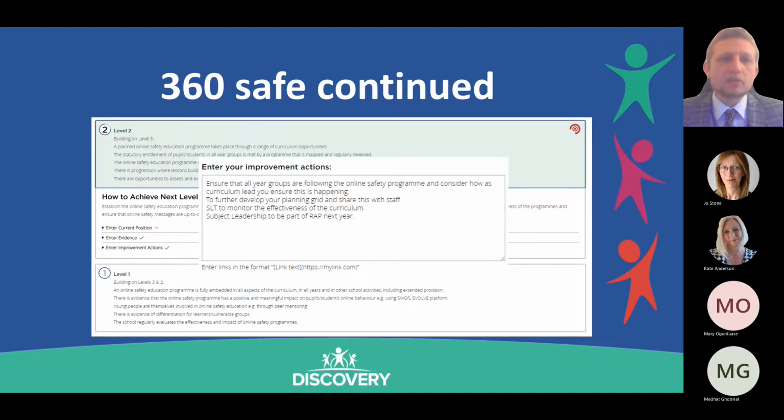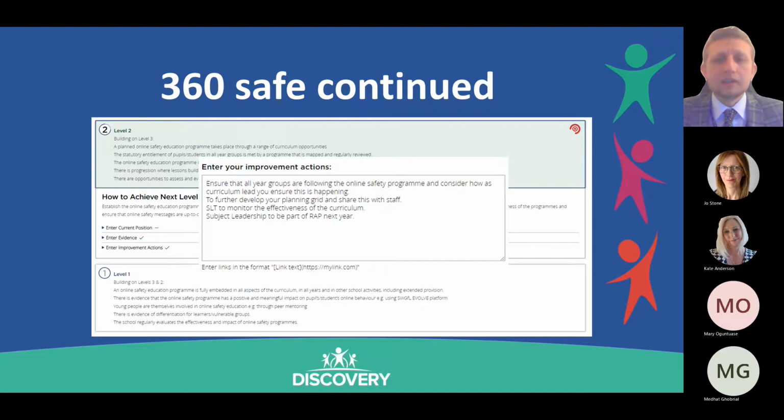So as I mentioned, there are levels 1 to 5, and you'll see on the screen now, you can see level 2 and level 1. First things first, each of the aspects is broken down into 5 levels that have clear and precise criteria that need to be met before you can achieve that level.